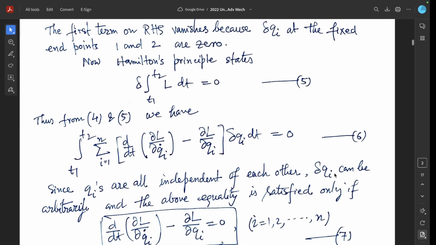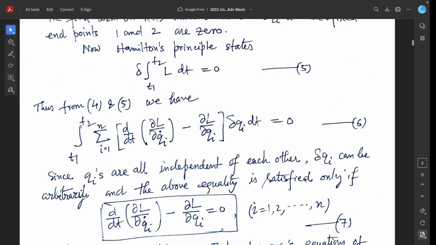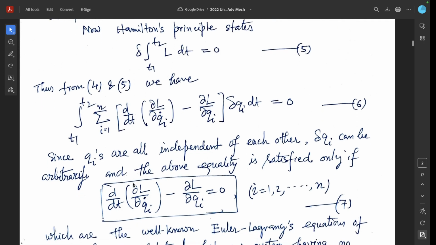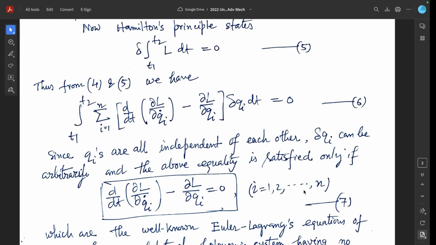Equation 6. Since the qi are all independent of each other, delta qi can be arbitrary, and the above equality is satisfied if and only if d/dt of del L by del qi dot minus del L by del qi equals 0, for i equal to 1 to n.